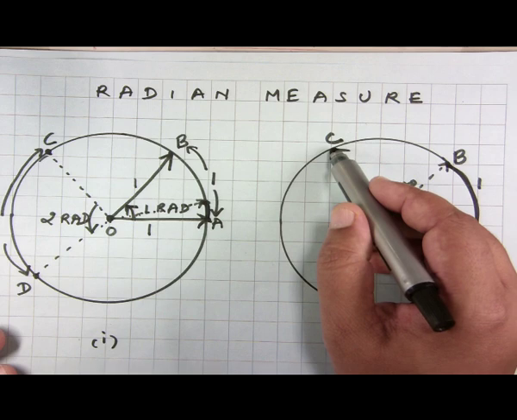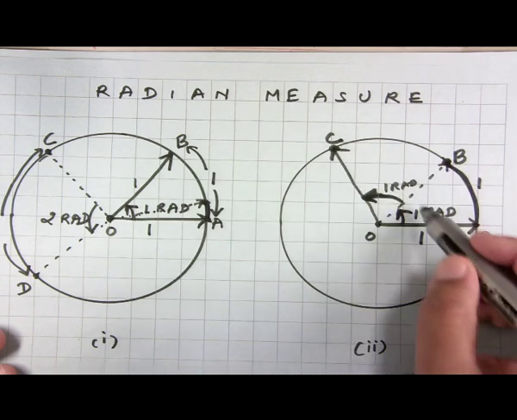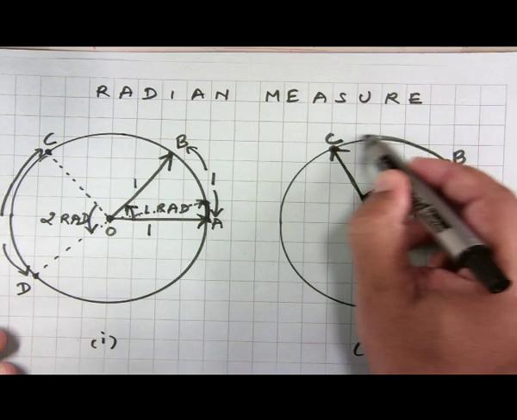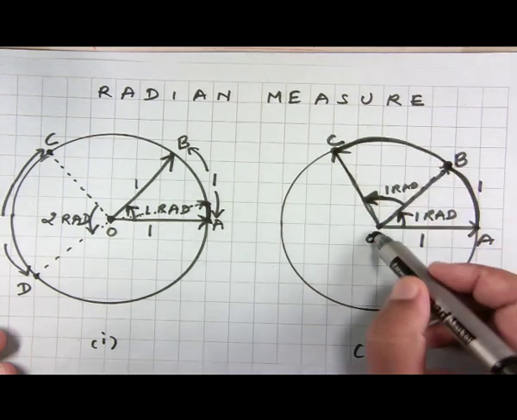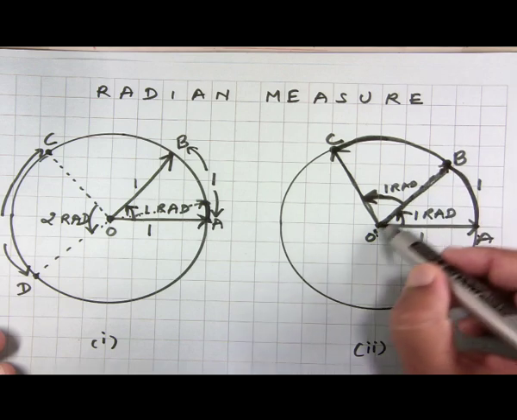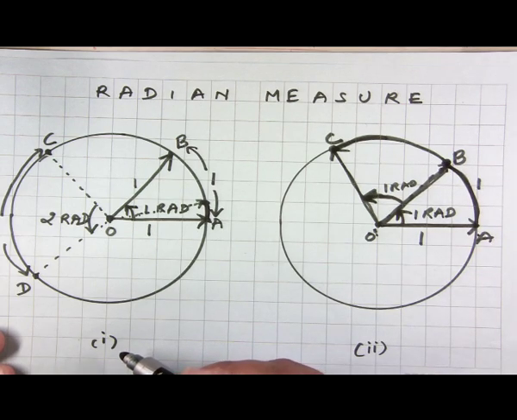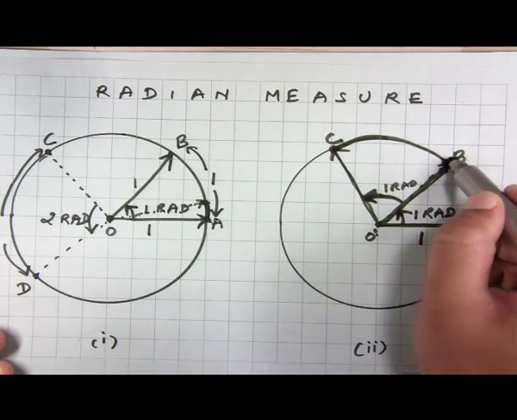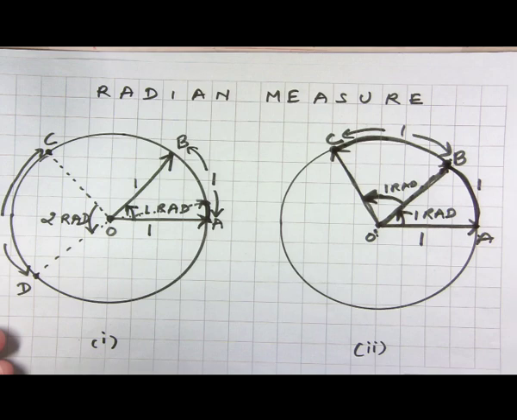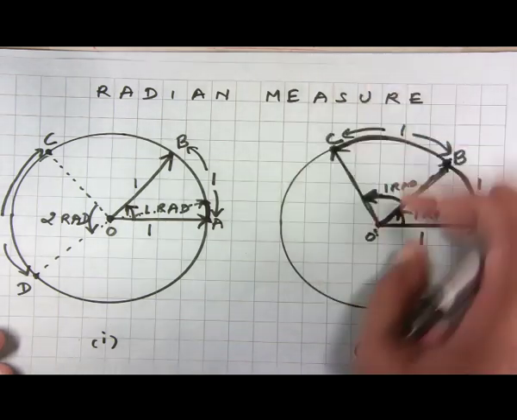When you reach this point C, starting from this point B to point C, if you look at this particular sector OBC, and if you look at the sector OAB, they are exactly identical, and therefore, this length BC should also be equal to 1 unit, because again the angle of rotation going from OB to OC is 1 radian.